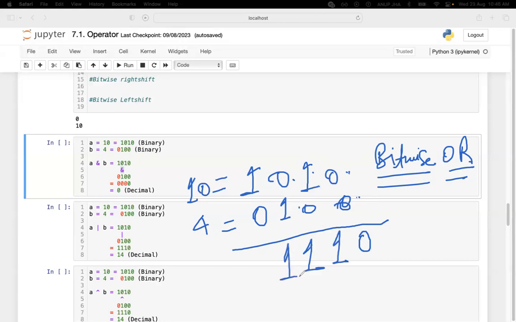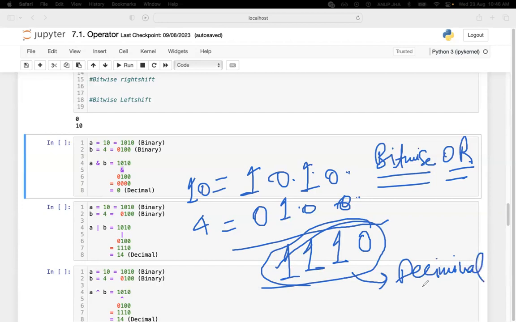Here also I will get 1. When you convert this value into decimal, you will get 14. This is equivalent to 14, while this is 10.